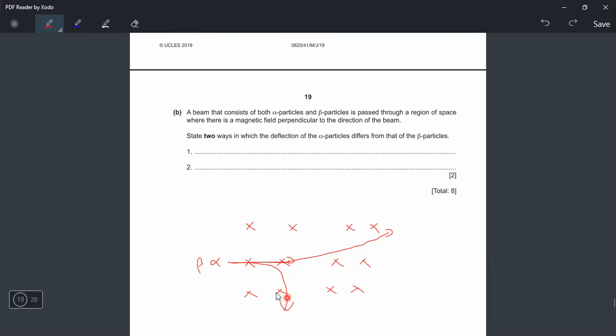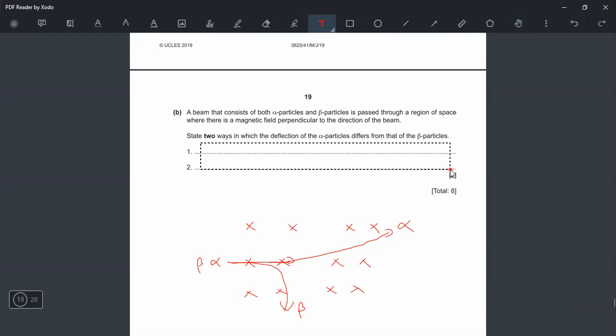But there are two major differences here. First, the direction. The alpha and beta particles move in opposite directions, because they're oppositely charged. And second, the beta particles deflect more than the alpha particles. They change direction more. Why? Because they have less mass than an alpha particle, so they're easier to move around and to bully, basically.